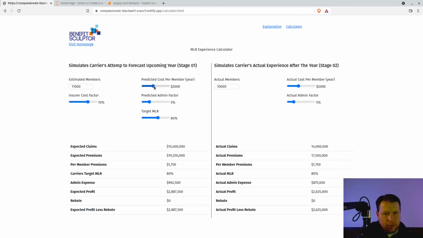Now, the likelihood that you're going to increase your membership without doing something to enhance the product is low, so let's increase the cost back to 10%, and you can see the insurance company makes substantially more profit.